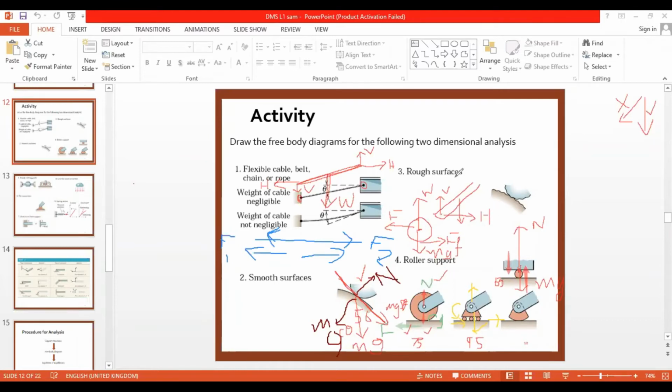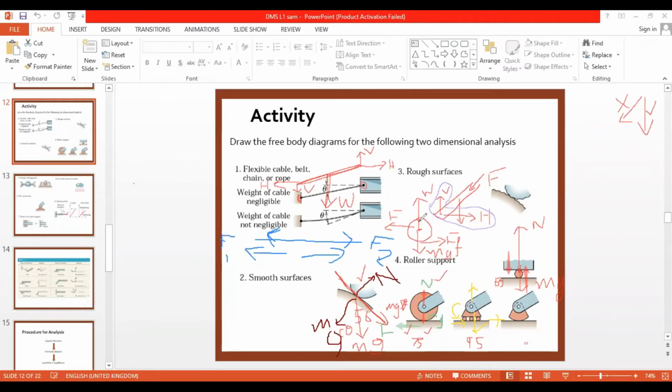Maybe if I am pushing this one, there will be a force applied this way. Since we have this horizontal and vertical component in the rod, we will have equal and opposite horizontal and vertical force here also.